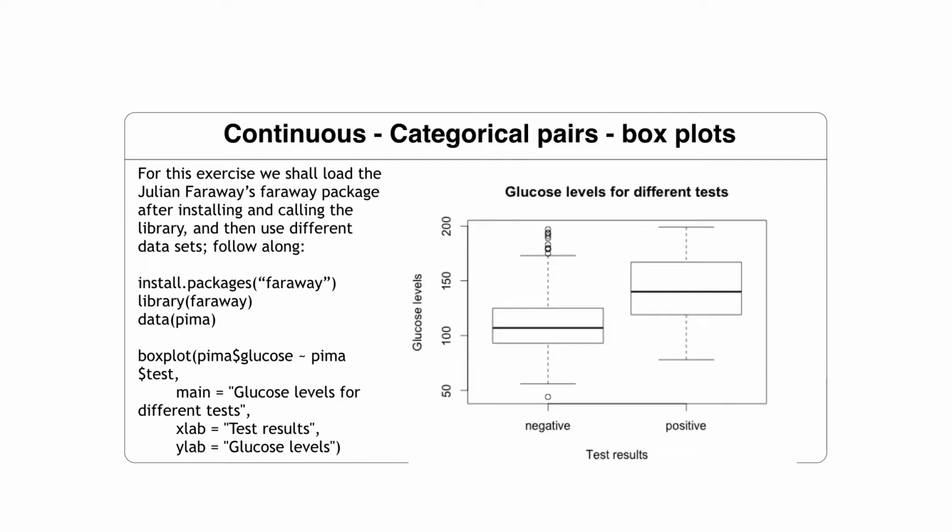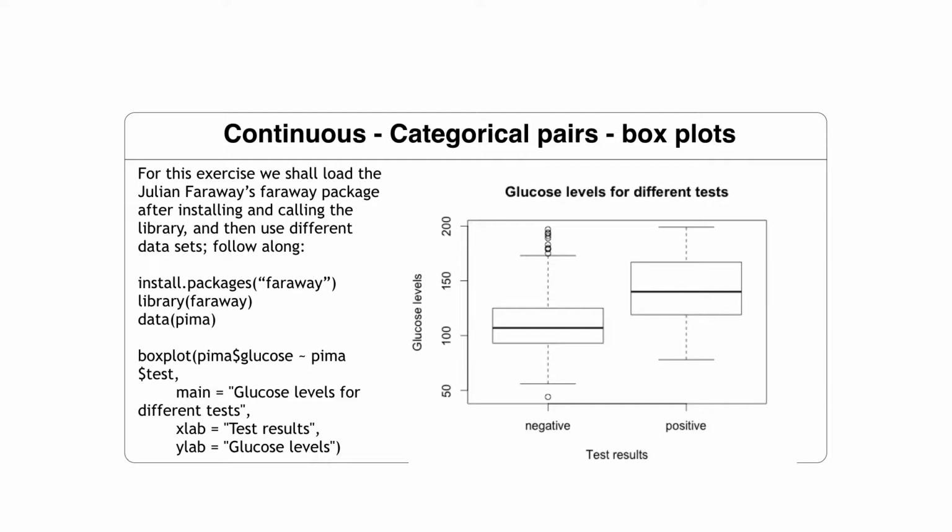For boxplot, the code is this. You type boxplot, open a parenthesis, then type the name of the dataset, in this particular case pima. Then put a dollar sign, and then write the name of the particular variable. The dollar sign is important.